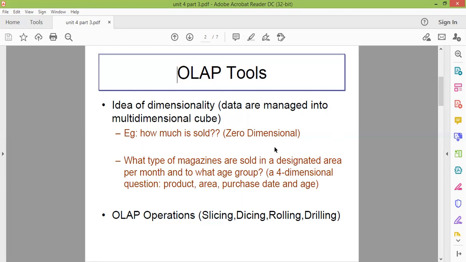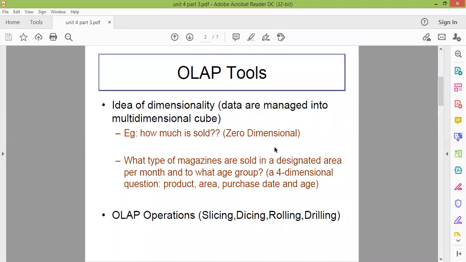The idea of dimensionality is that if we take the same example of your magazine database, and somebody asks how much is sold, there is no dimension, because you are not taking a decision based upon something. This is a zero-dimension question.